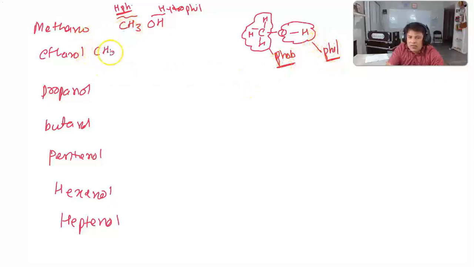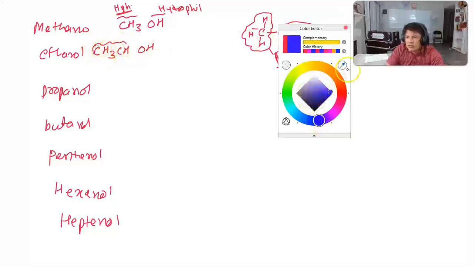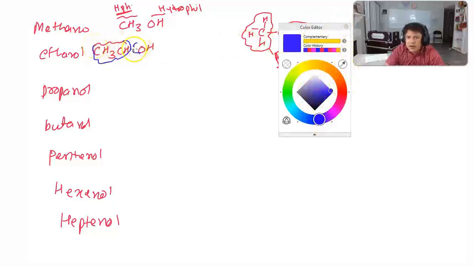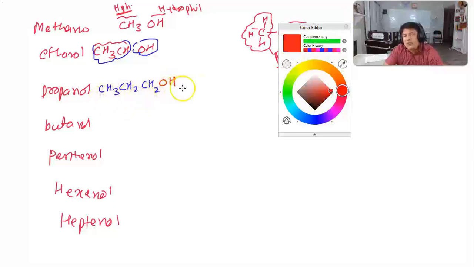Ethanol, CH3, CH2, OH. Let me take a different color for philic and phobic. This part is hydrophobic and this part is hydrophilic. And propanol, CH3, CH2, CH2, and OH. Blue is the hydrophobic part, red is the hydrophilic part.